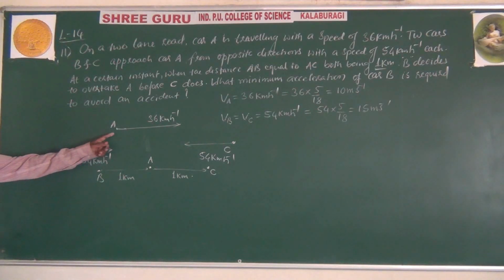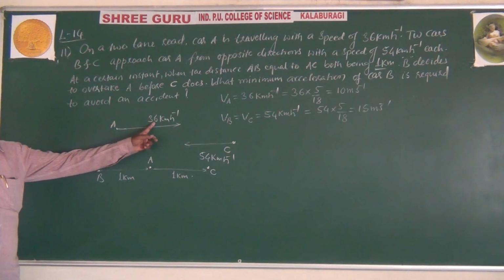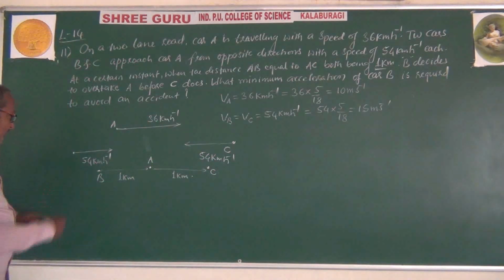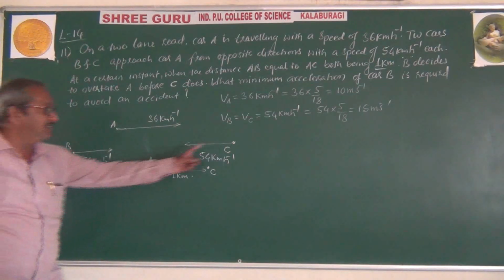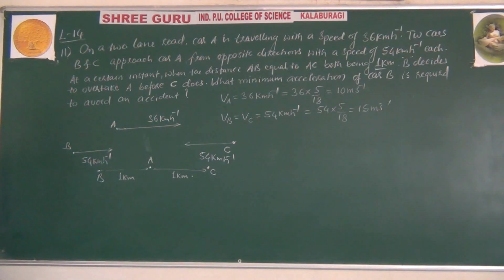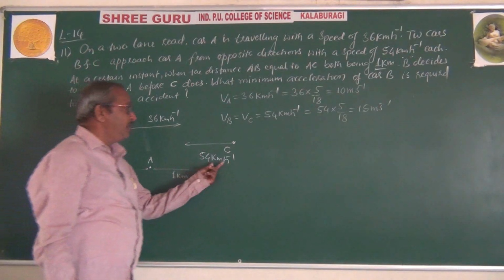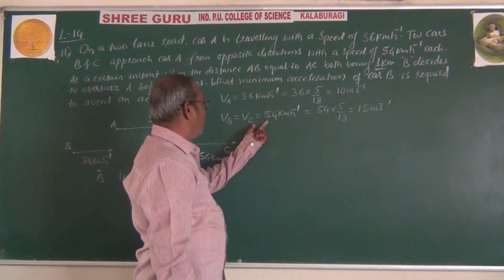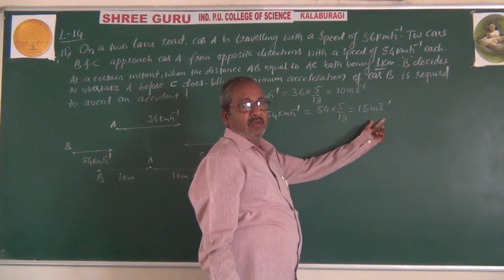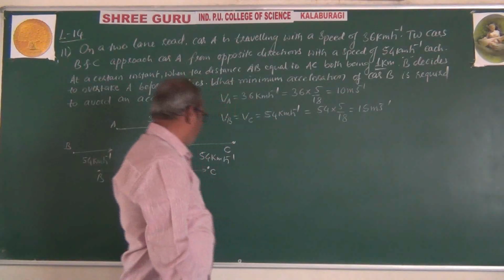So here the car A is moving in this direction with a velocity 36 km per hour, whereas B and C they are moving in the opposite direction, approaching the car A with 54 km per hour. Here VB equal to VC equal to 54 km per hour, and that converted into meters per second, we will get 15 meters per second.